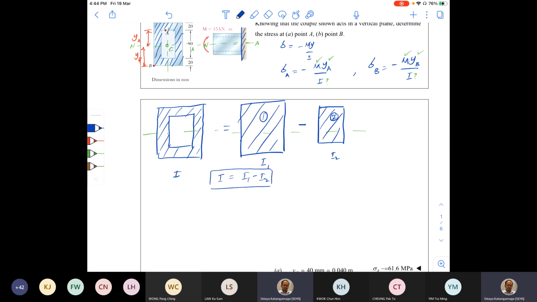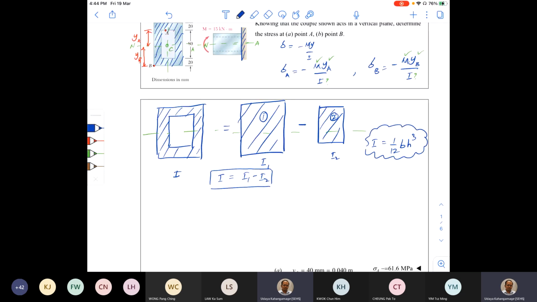Both 1 and 2 are rectangular sections. Therefore, for rectangular sections, we know that I is given by 1 over 12 B H cubed. So this is another piece of information that we need here.